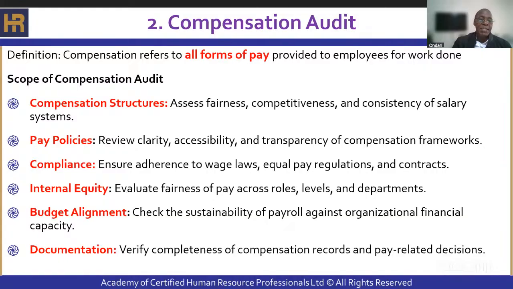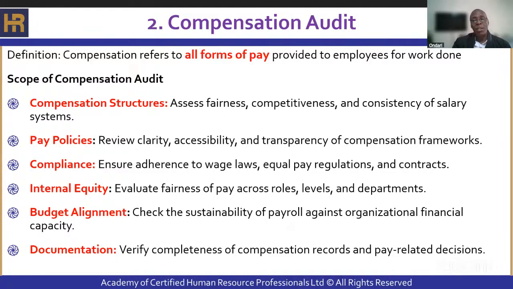Then there is budget alignment. As I mentioned earlier, we all make budgets for compensation, for training, for performance, and other aspects. So there's a budget allocated for compensation, which is the biggest, I believe. And therefore, compensation should be sustainable.